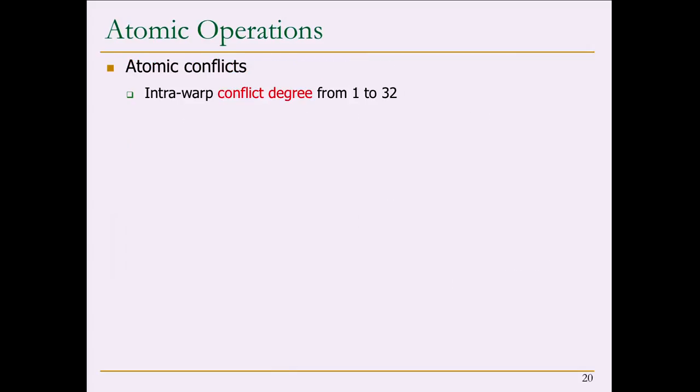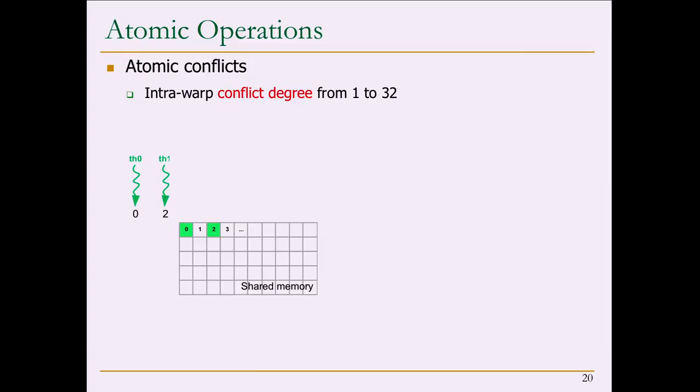So in this slide, what we have is a very brief example of what I explained before. If we have two threads, in this case, thread 0 and thread 1, that want to update atomically two different addresses in the shared memory, if they are different addresses and are also in different banks, we can have concurrent access, meaning that both can read at the same time, modify at the same time, and store the updated value at the same time.